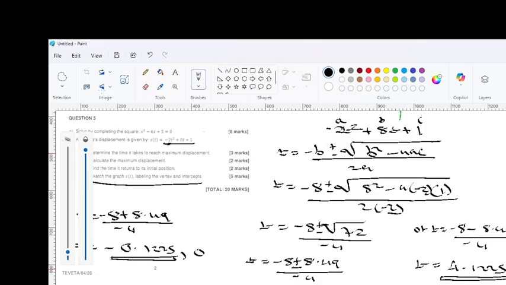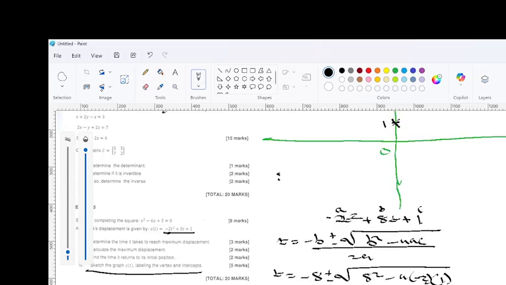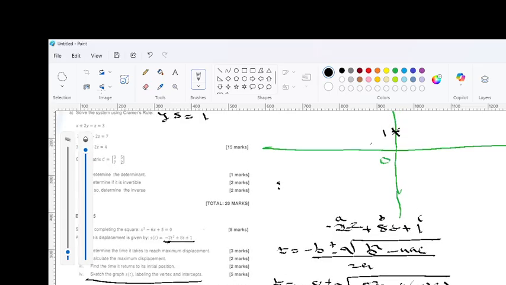So we have negative 0.1225 comma 0. This is the x part, this is the y part.